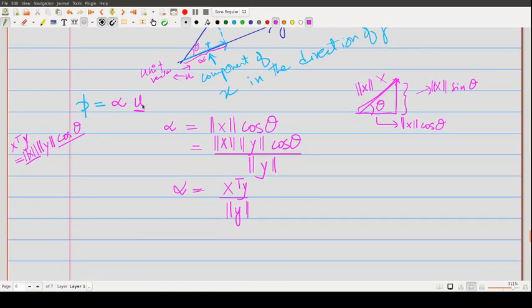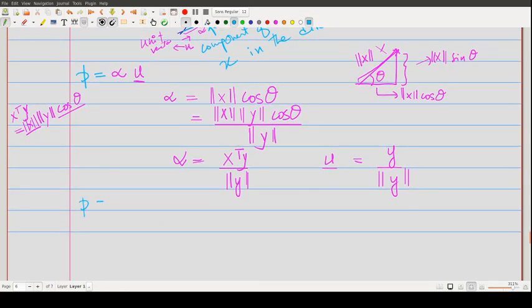Next thing you want to find in P is u. U is simple. U is just the unit vector in the direction of y, so that's y over magnitude of y. And so at this point you are in a position to find alpha times u, which is x transpose y over magnitude of y, times y over magnitude of y, which becomes x transpose y divided by magnitude of y squared, times vector y.